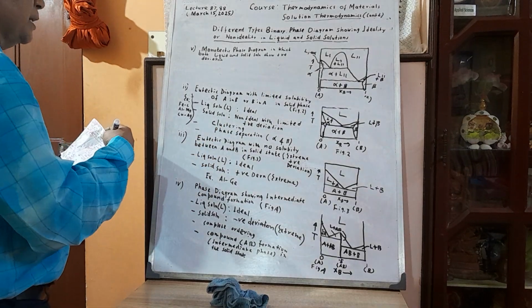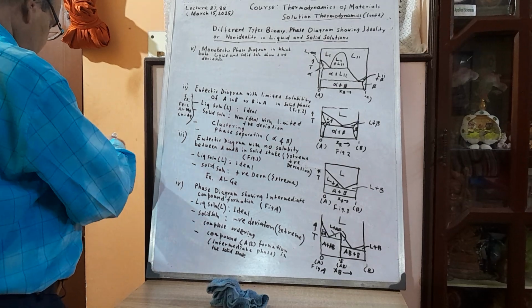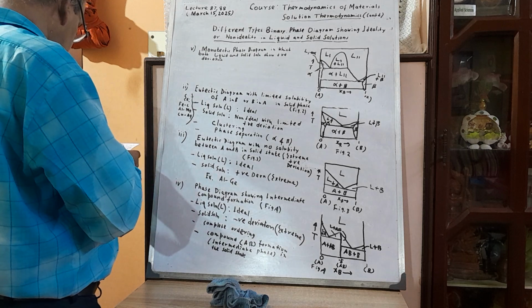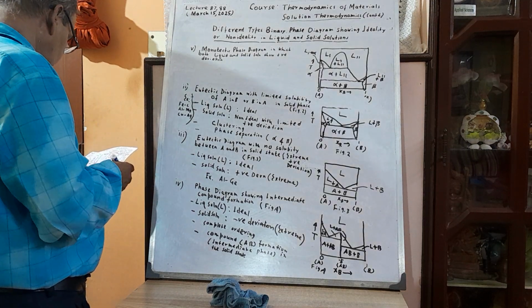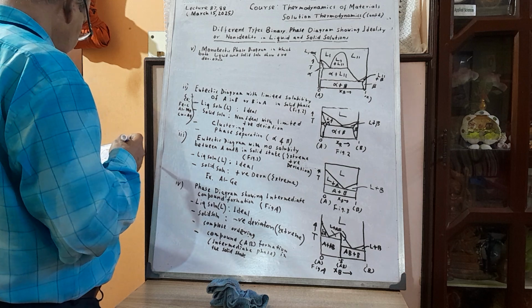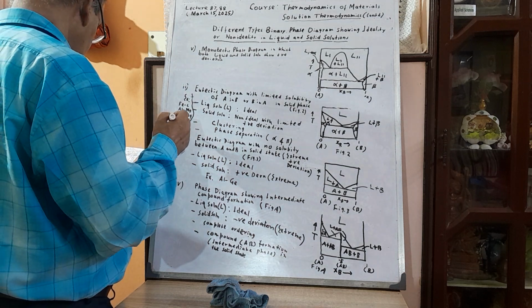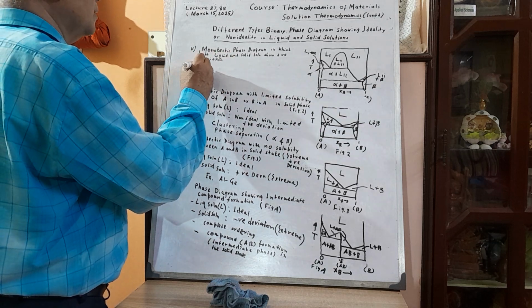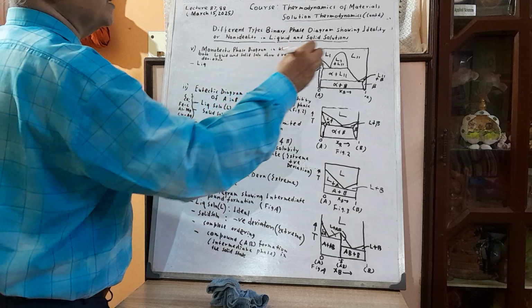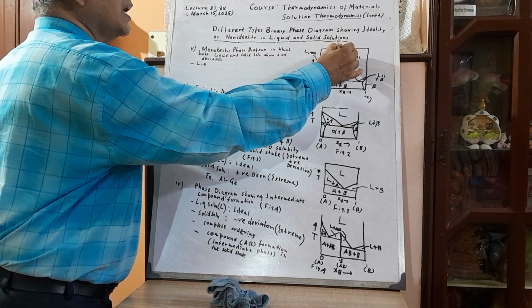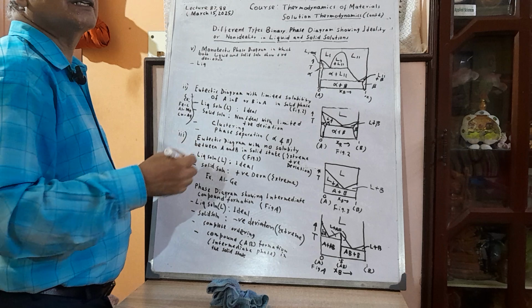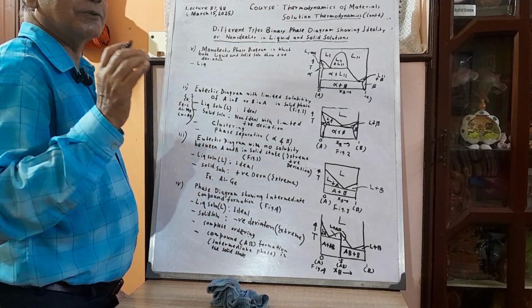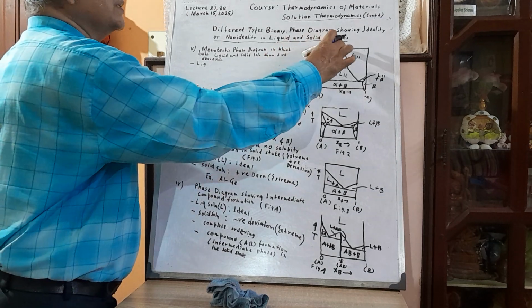I am writing. Before this, let me write here the properties as before. By the way, above this point, as temperature increases, positive deviation decreases. That I will show you today. So there is no deviation anymore.